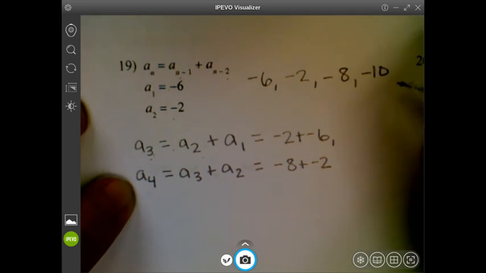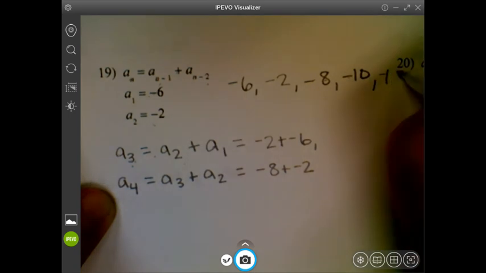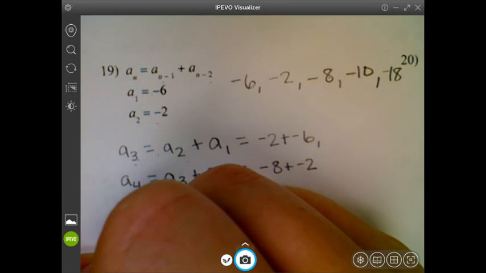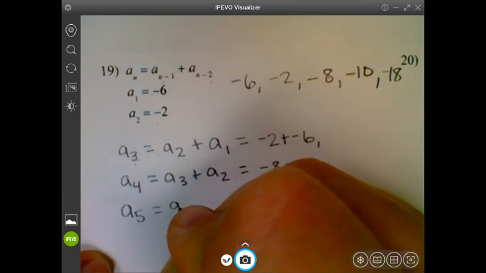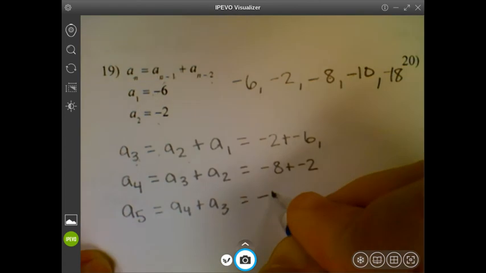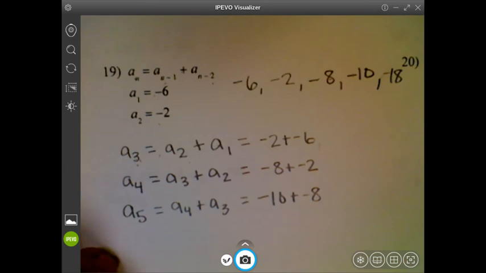So the fifth term would be -8 and -10 added together, so -18. And you could also do that by calculating a sub 5. That would be a sub 4 plus a sub 3, right, which would be -10 plus -8, which is -18.